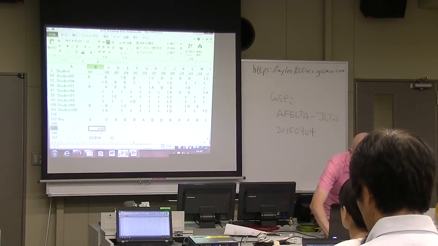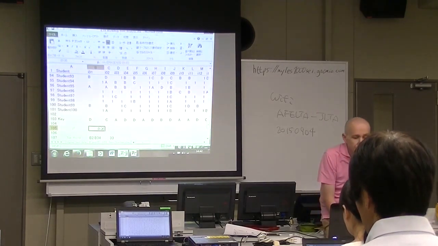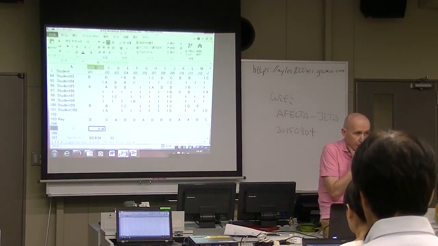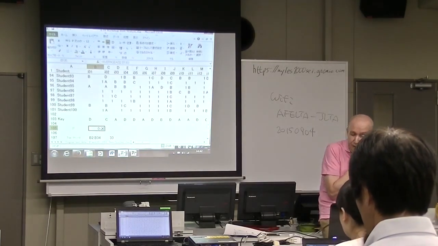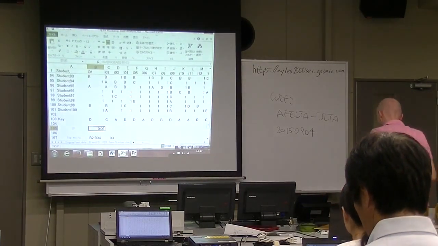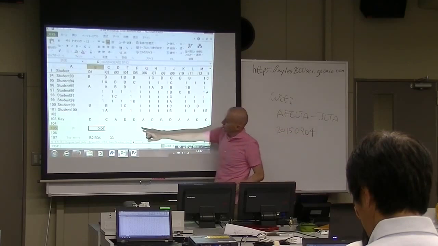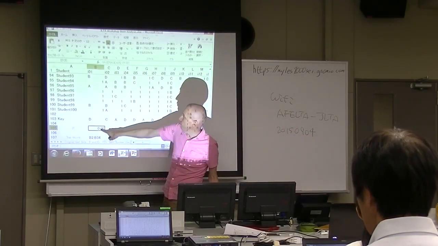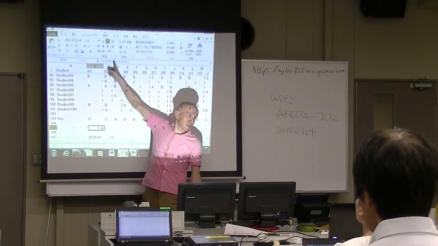And if we look at row 105, at the bottom, you can see we're taking the average.